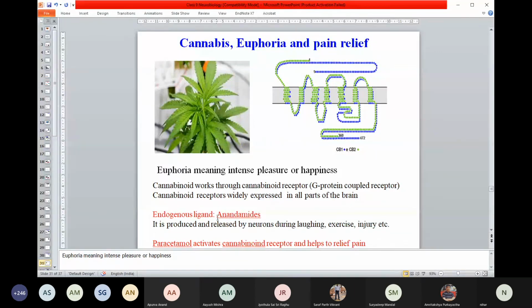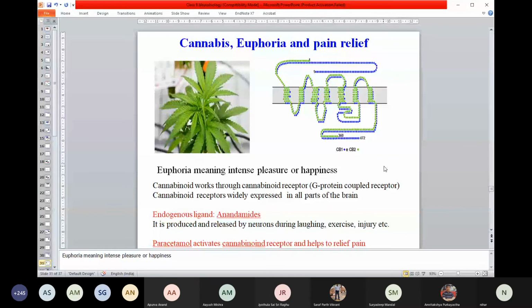When you are feeling happy, or maybe when you do exercise, as I mentioned here, molecules that behave like cannabis, called anandamides, are released from our body and can produce this kind of effect. When you get a high fever, most times you use a medicine called paracetamol, right?